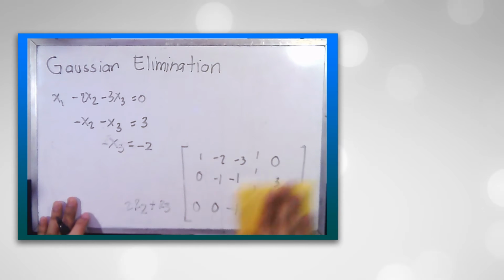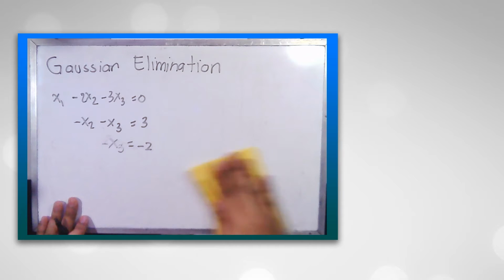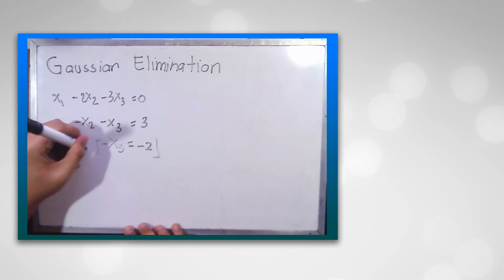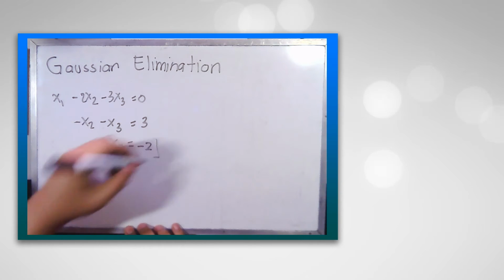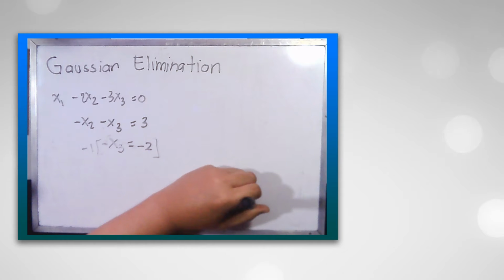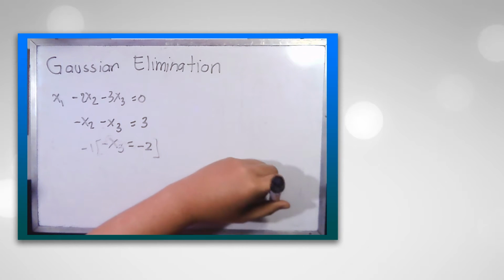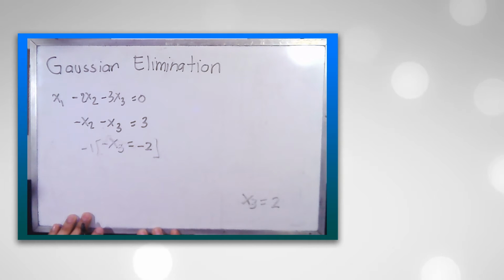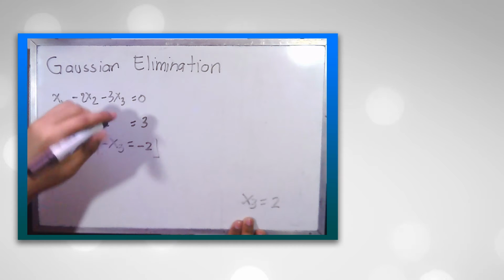So let's simplify this one. Multiply both sides by negative. We will be having x sub 3 is equal to 2. Knowing that we now have the value of x sub 3, we could change this into what?